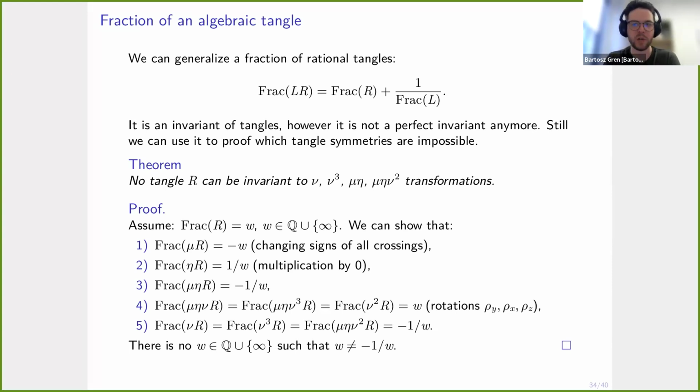The only fraction which does not change with inversion is 1 and -1. And if we want to follow both of these conditions, it's just impossible. So it limits possible tangle symmetries.